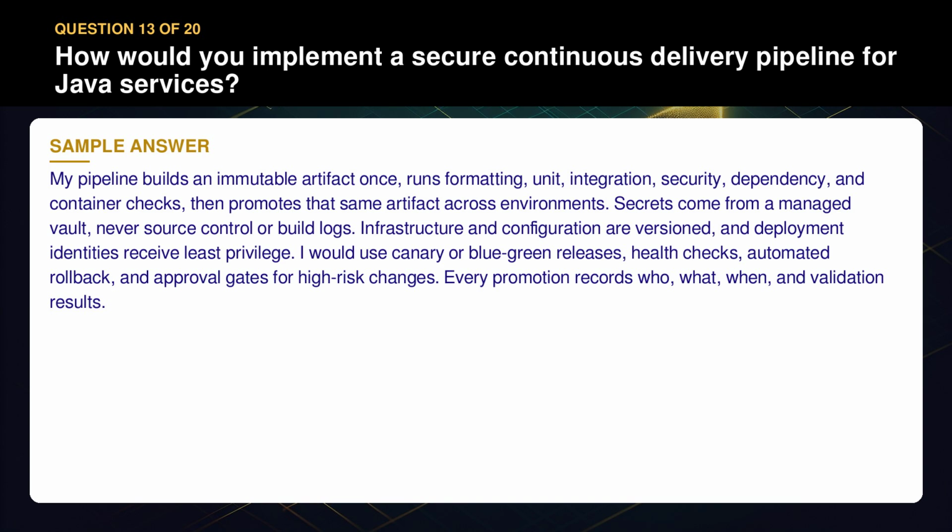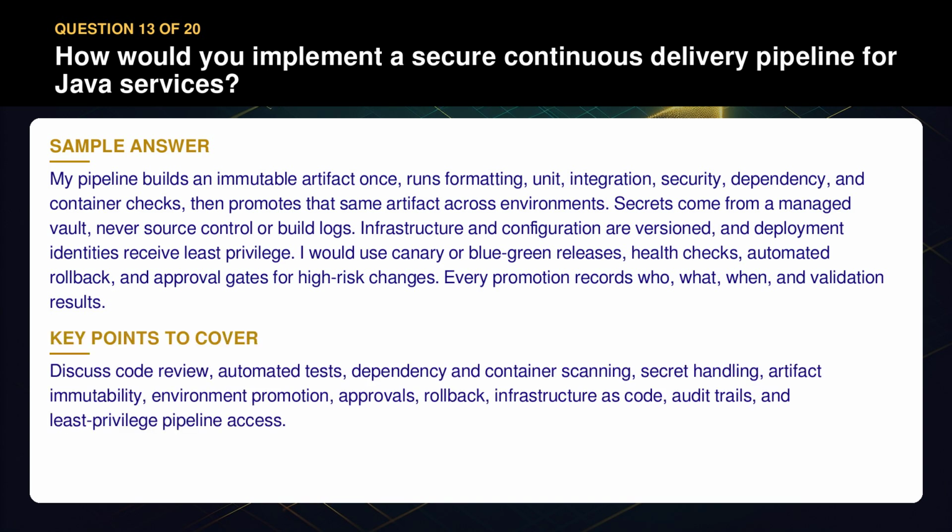Every promotion records who, what, when, and validation results. Discuss code review, automated tests, dependency and container scanning, secret handling, artifact immutability, environment promotion, approvals, rollback, infrastructure as code, audit trails, and least privilege pipeline access.